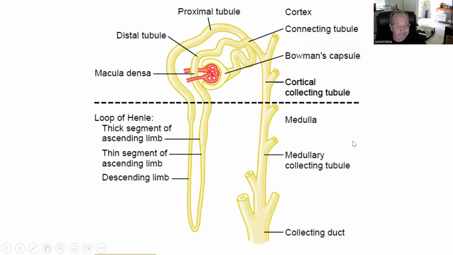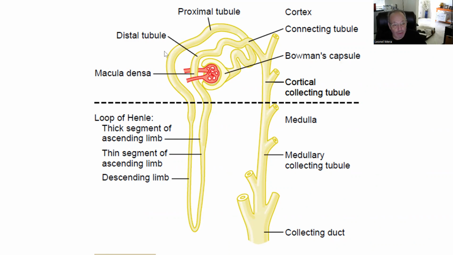This is the nephron, which is the functional unit of the kidney, which starts with the glomerulus, which is a very particular type of capillary bed. The glomerulus is inside of Bowman's capsule or the glomerular capsule, and this is followed by the proximal convoluted tubule.